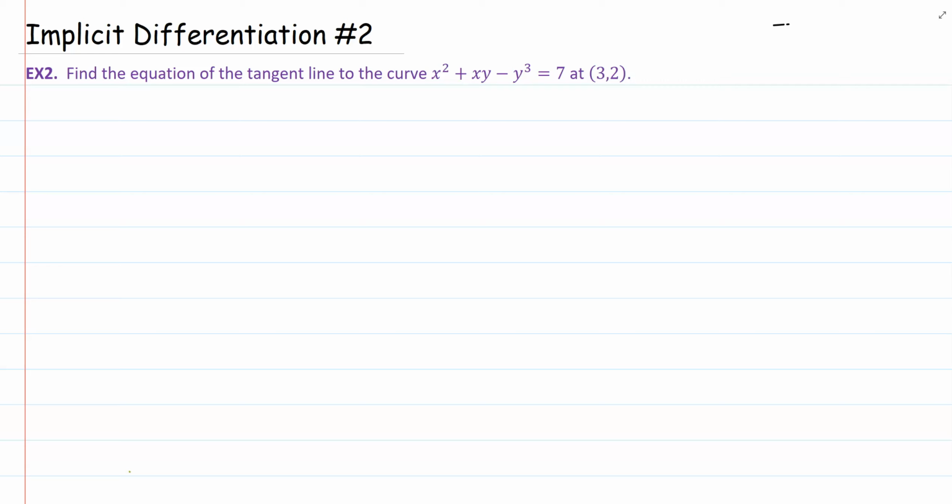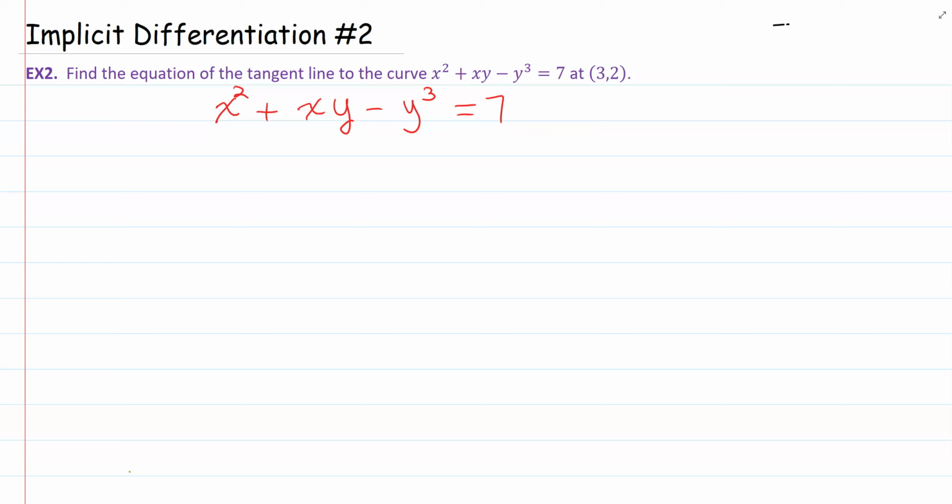So suppose the question is asking you for the equation of the tangent line to this curve, and this curve is x squared plus x multiplied by y minus y to the third power is equal to 7 at the point (3, 2).